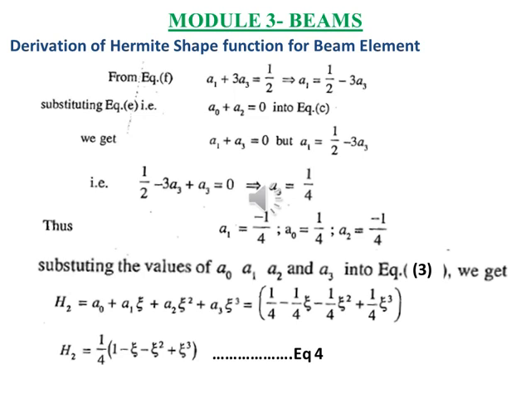So this becomes equation 4, wherein we have found out the equation for the Hermite shape function h2.